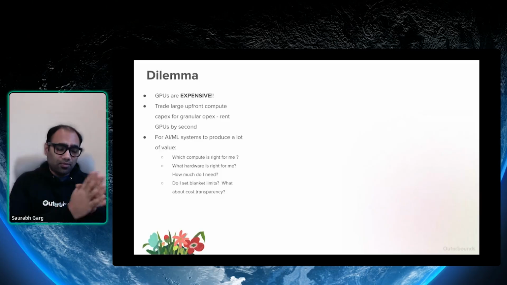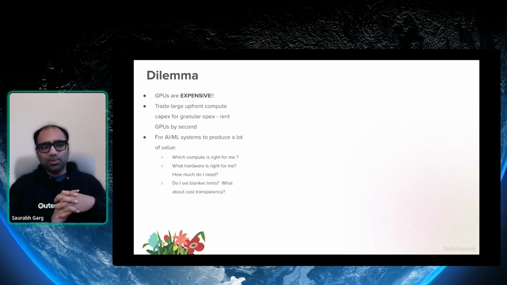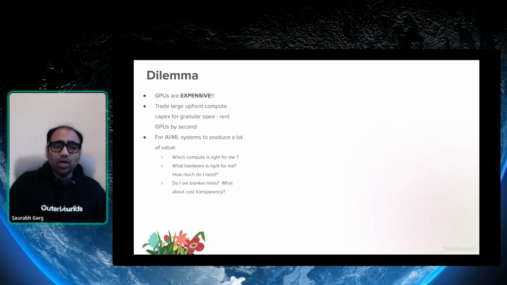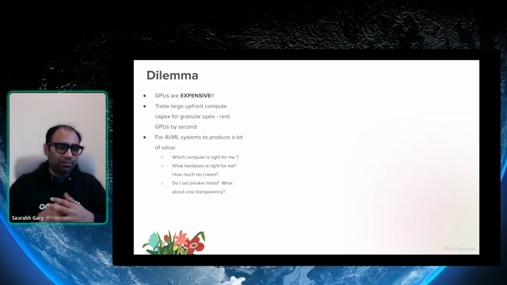But while you have decided, okay, I'm going to rent out the GPUs, the second step causes a huge burden or a huge issue for most people, because, okay, now that I know I want to rent GPUs, what GPUs do I need to rent? What is the compute that is right for me? What hardware is right for me? How much do I need? And if I rent out these GPUs, I have a team of, let's say, 13 people or 20 people.